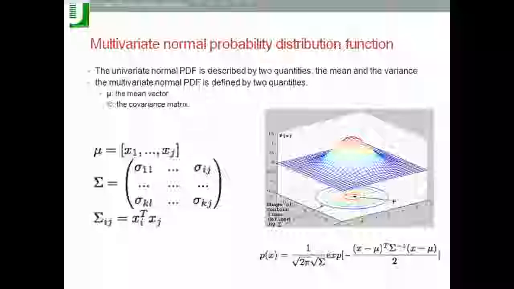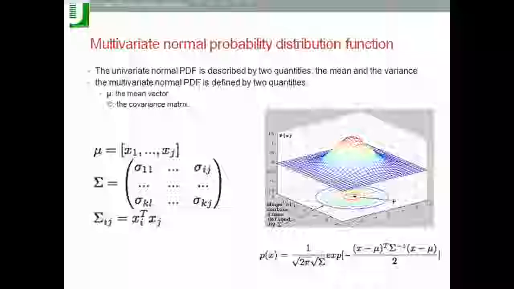Principal component analysis is based on the probability distribution of our data, and we know that experimental data are usually normally distributed, and this also applies to multivariate data. But in multivariate data, of course, we have something a little bit different, in that the mean is a vector, and the variance becomes a matrix, the covariance matrix.